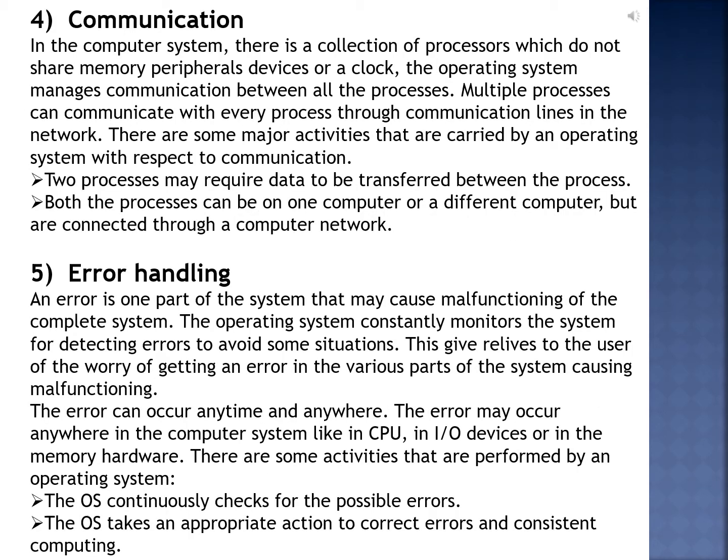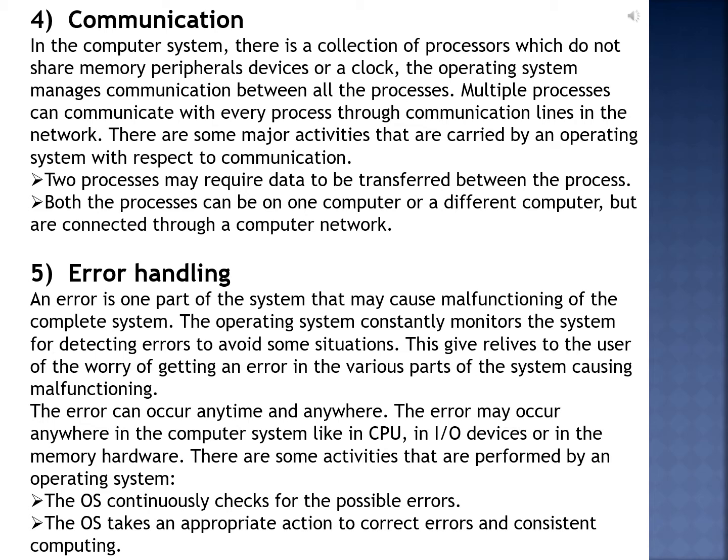Nowadays, you all know what communication is, and here the communication is as follows. In the computer system, there is a collection of processors which do not share memory, peripheral devices, or any clock. The operating system manages communication between all the processes. Multiple processes can communicate with every process through communication lines in the network.